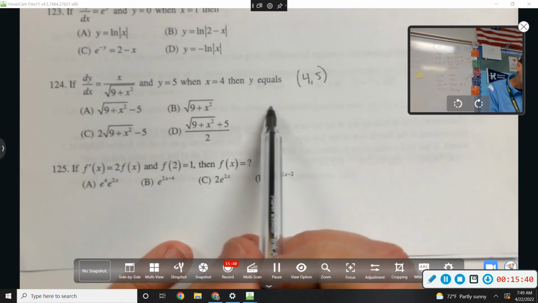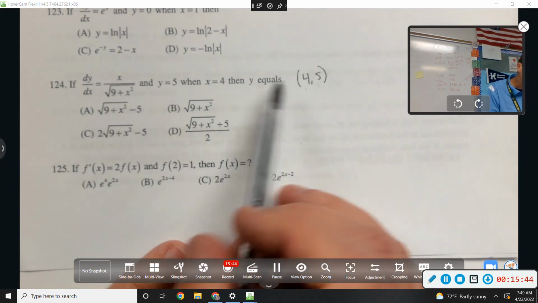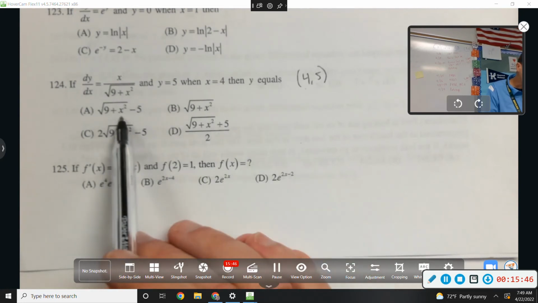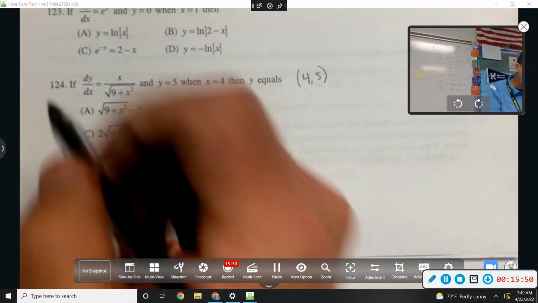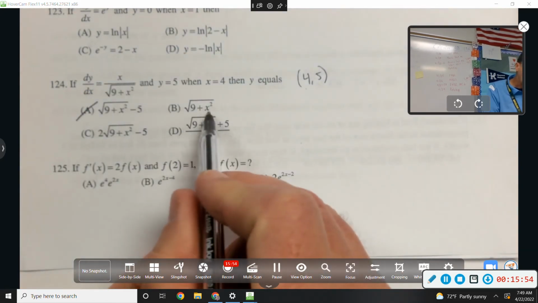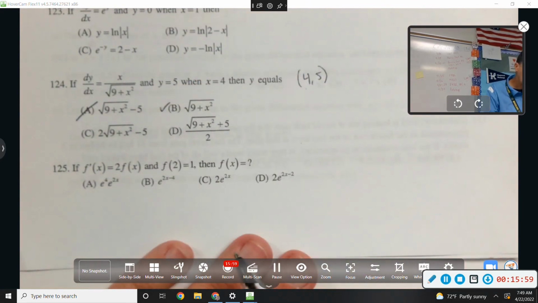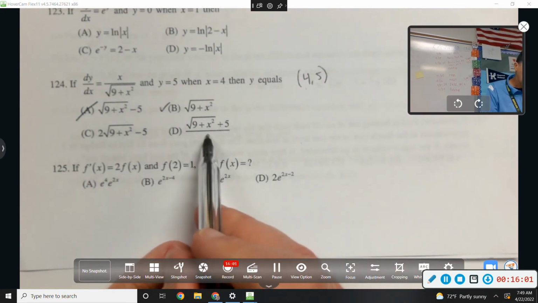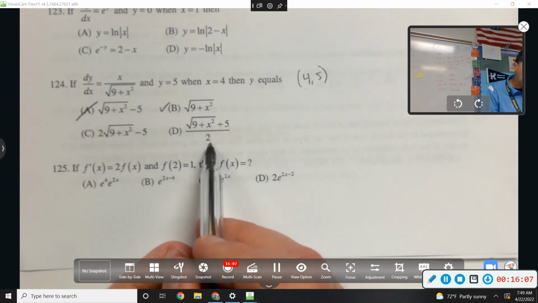Let's see what happens. If I plug in 4, I'm supposed to get 5. 4 squared, 16. Square root of 25 minus 5, that guy's out. 9 plus 16 is 25, so B's a maybe. 5 plus 5 is 10, divided by 2 is 5.